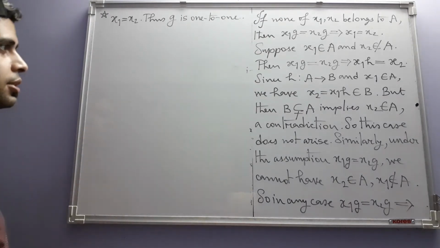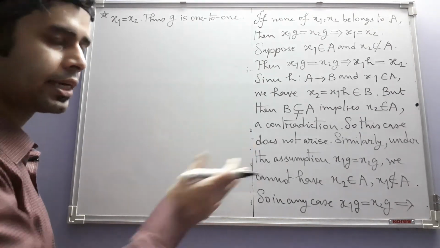Next we prove that G is onto. So for that we choose any element from the second set.